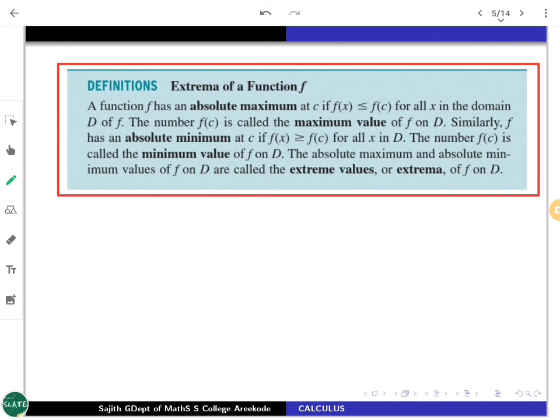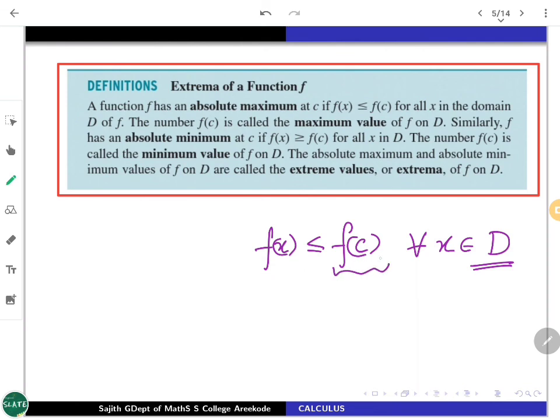So absolute maximum means you look at the inputs, f of x in general. If you are able to say that f of x is less than or equal to f of c for every x inside the domain, then you can say that the absolute maximum is attained at c, which means f has an absolute maximum at c. The corresponding value, we will call the maximum value.